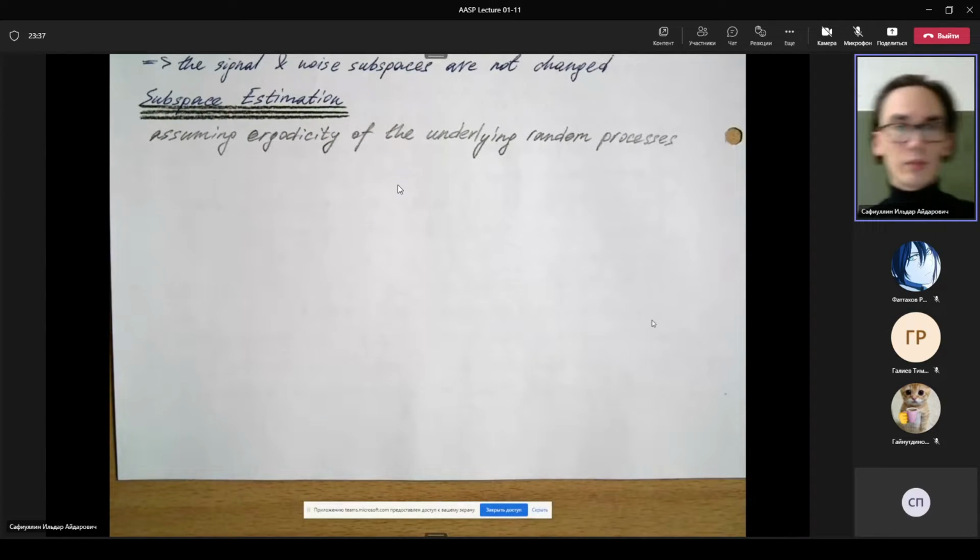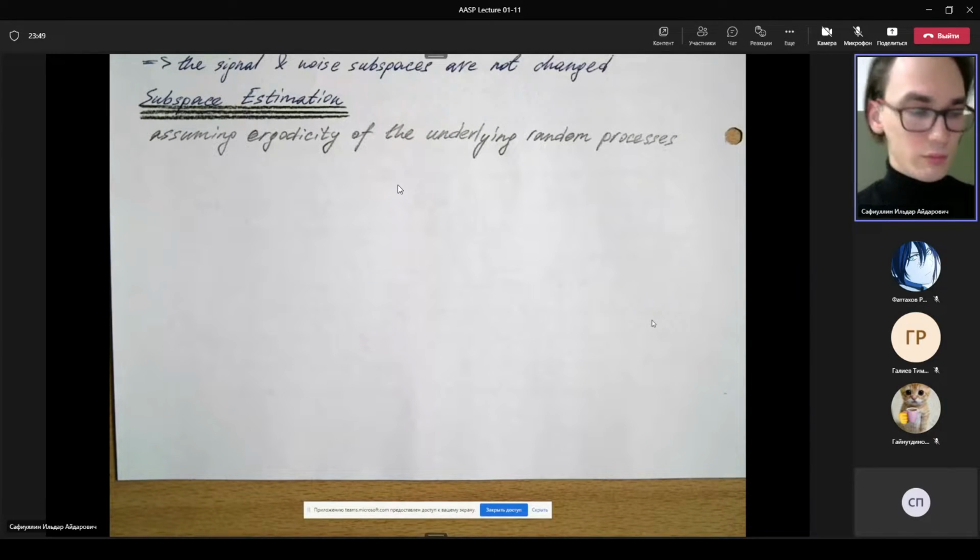In this case, it means that our received measurement vector and the noise are ergodic processes.